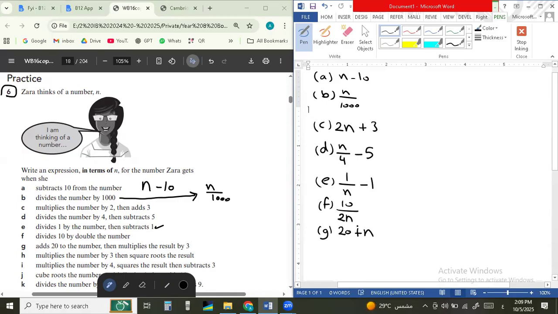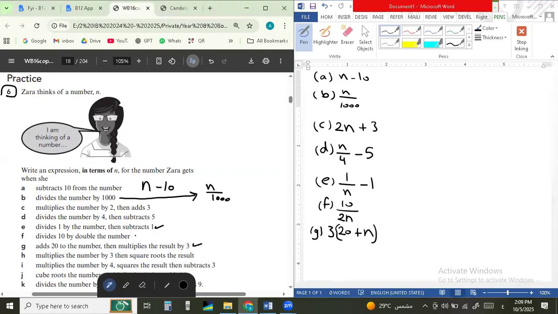I wrote n plus 20, the same, not a problem at all. But they said after that, then multiplies the result by 3. Then we needed to put this in brackets. So, add 20 to the number, done. Multiply by 3, then the 3 goes outside this way. And this is question G.